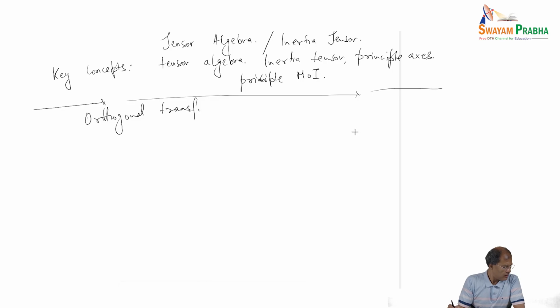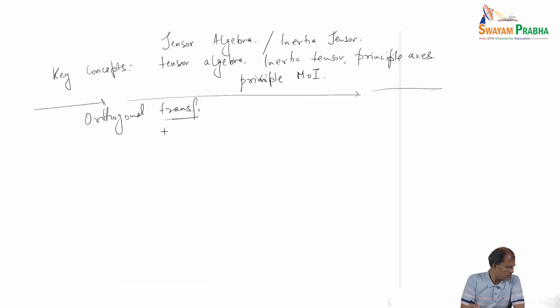So orthogonal transformation, as the name suggests, each of the component vectors are perpendicular. That is, if we take the dot product of these basis vectors in these frames, they are going to give us the Kronecker delta function.